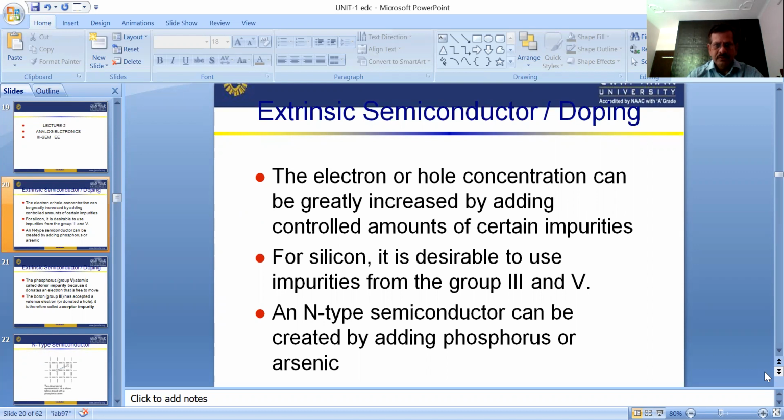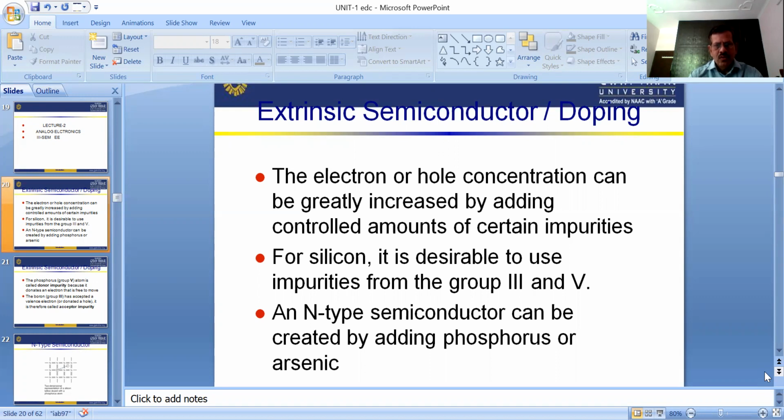For example, for silicon, it is desirable to use impurities from group third and fifth as dopants. An N-type semiconductor can be created by adding phosphorus or arsenic.